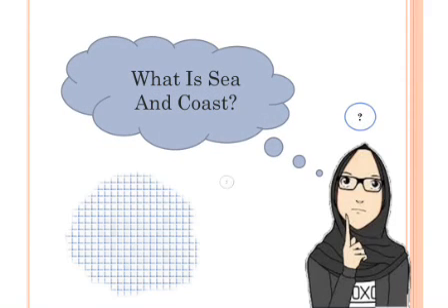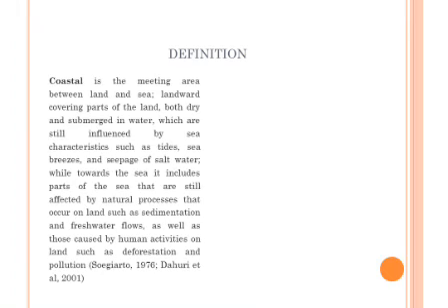What is sea and coast? Definition: coastal is the meeting area between land and sea.